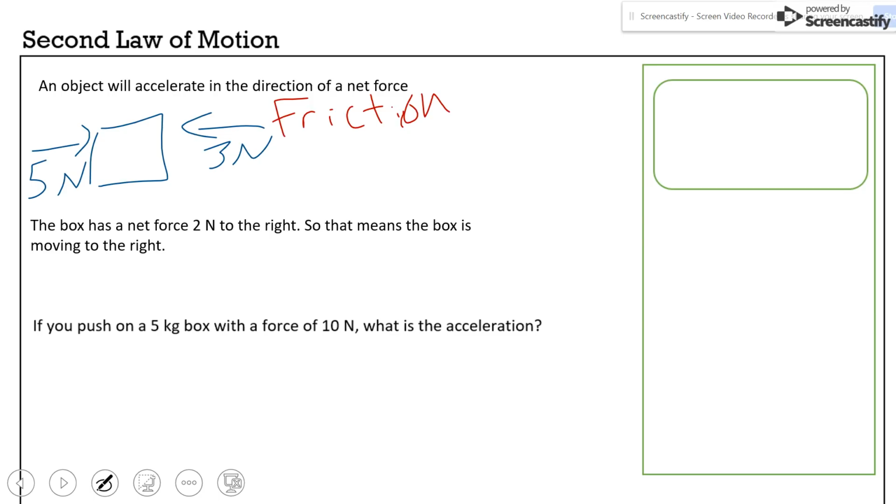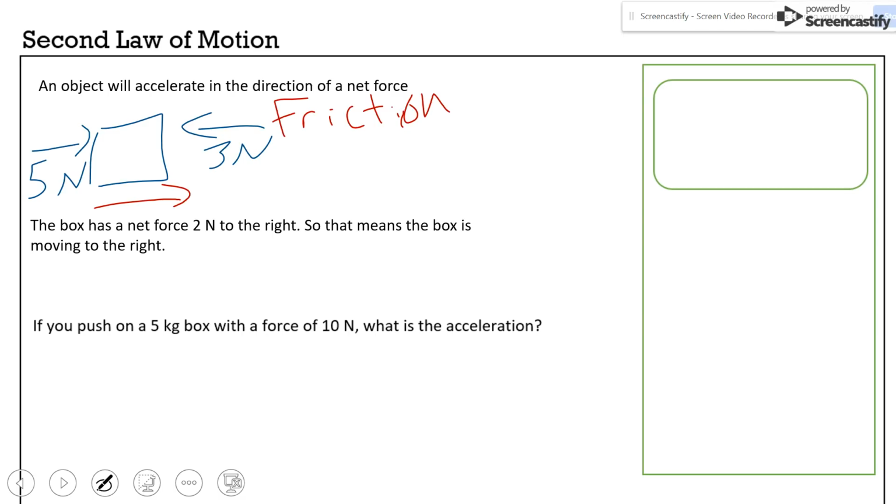The net force on this box is going to be 2, because you need to take 5 minus 3 since they're on opposite sides. So this means your box is going to be moving to the right as you're pushing on it.